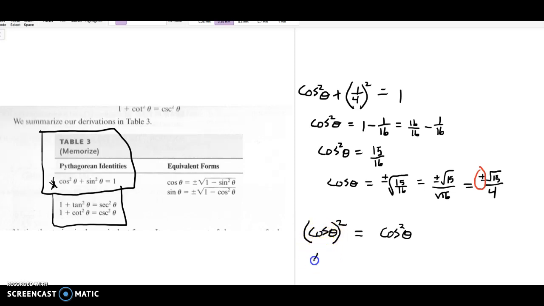So if you don't write the parentheses, this does not equal cosine squared theta. What this says here is that you're actually squaring just theta. So these two are not equal. Just be aware of that, that we always put the squaring when we mean to square cosine or sine. You put the squaring in the appropriate spot, which is right after the function and before the angle theta.